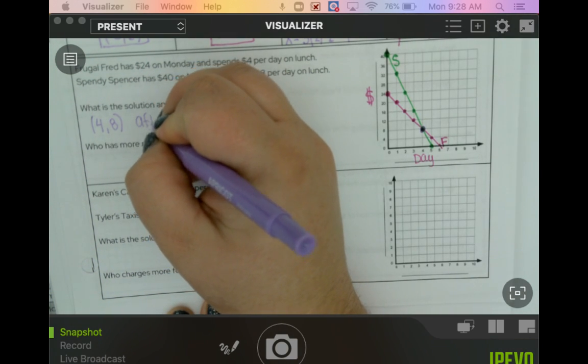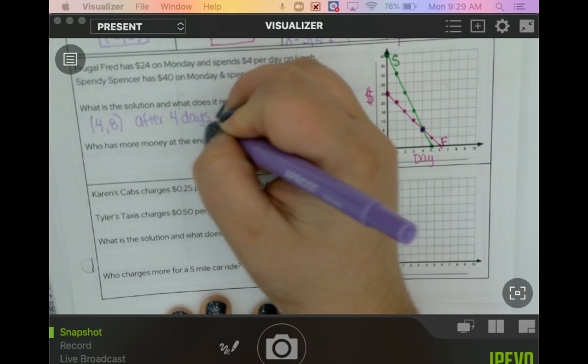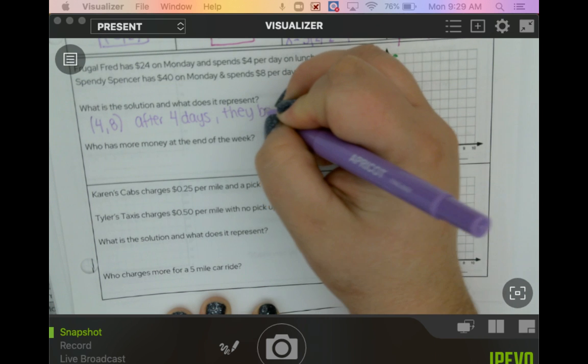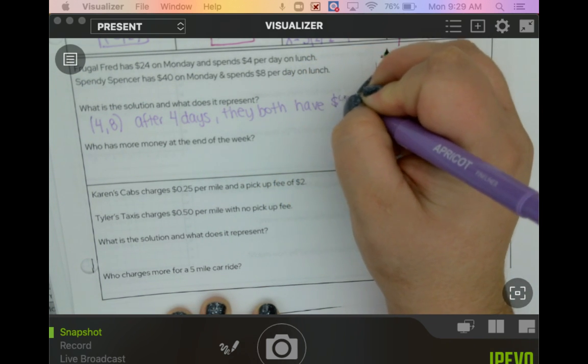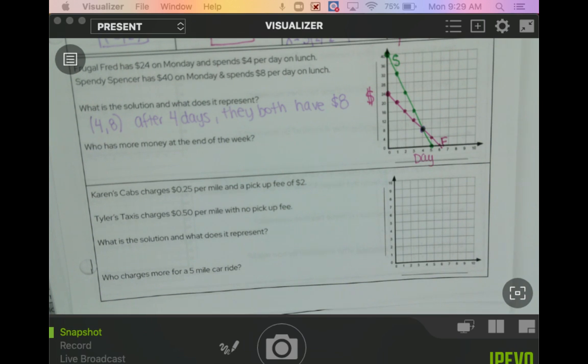So after 4 days, they both have $8. So you sort of need to tell me the 4 means days, the 8 means dollars, and this is where they both have that much. So there's kind of 3 pieces to it. What does the X mean? What does the Y mean? And then tell me in some words that this is where they're the same.